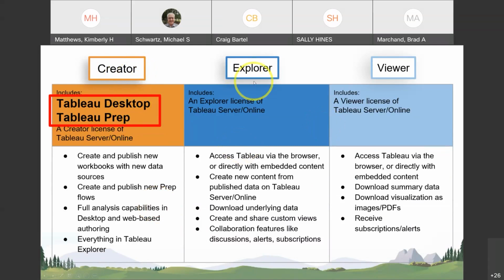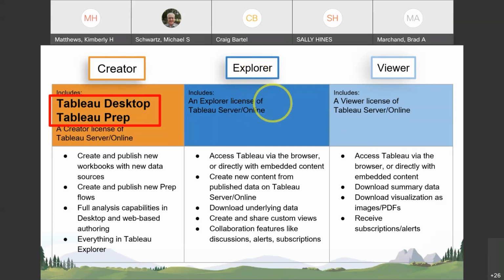Explorer has many capabilities of the desktop product in a web-based solution. However, the one thing you cannot do with an Explorer license is publish data, right? You cannot upload a data source. You can create a workbook on the web from an existing data source, but you cannot upload it and create a data source. That'll make a little bit more sense in a little while.